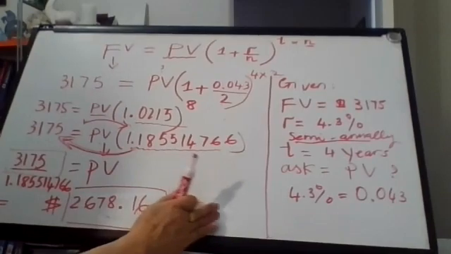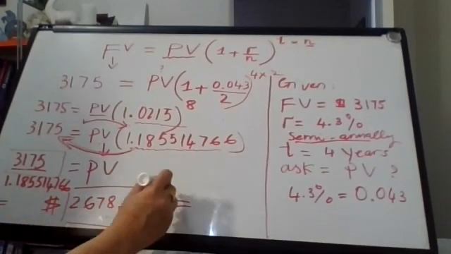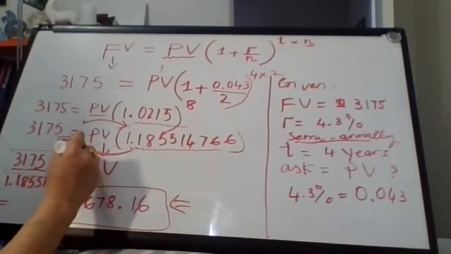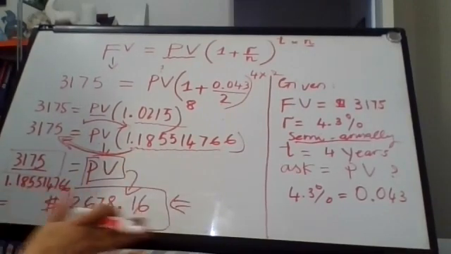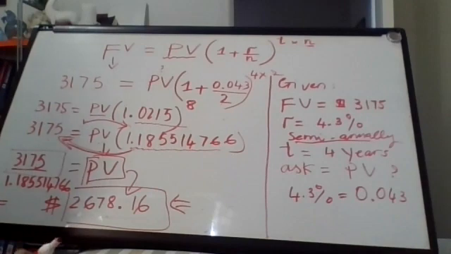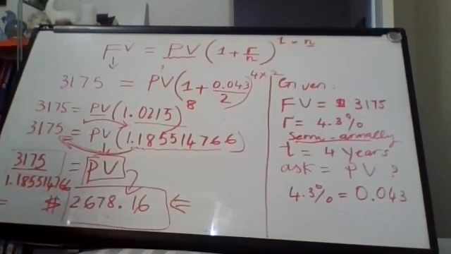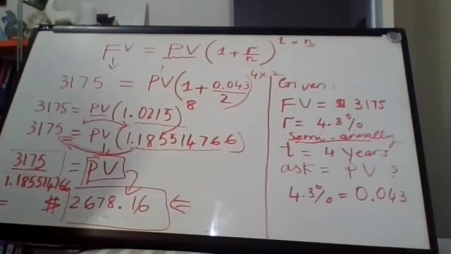But you don't have to do that because you answer the question. The question just asks you for PV, then you answer the PV. You don't answer the interest, right? So that's why reading the question is so important as well. So this is the solution for the first question.